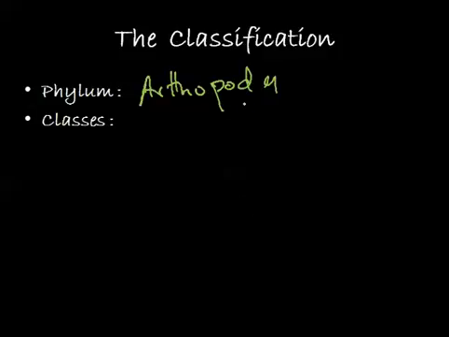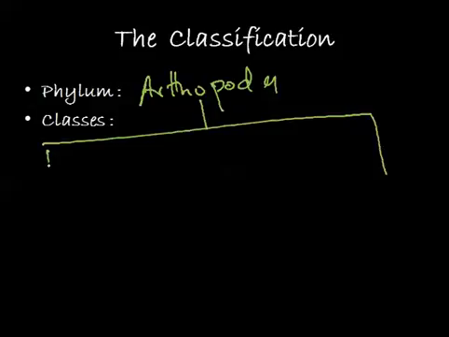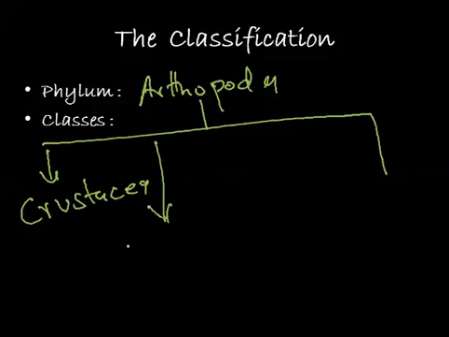Now we can divide the phylum Arthropoda into four subclasses. The first subclass is Crustacea. The next subclass is Arachnida, the second subclass.